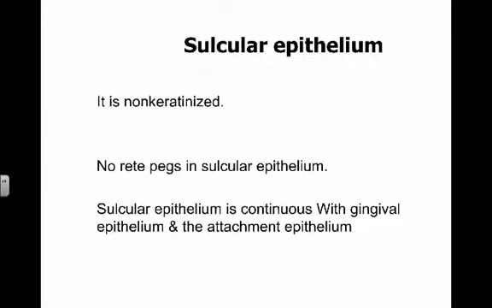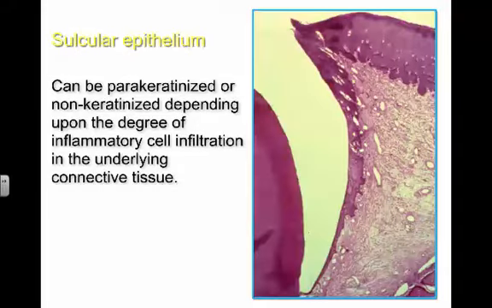Again, in sulcular epithelium, there are no rete pegs. Sulcular epithelium is continuous, as we've said before. As I mentioned, it can be parakeratinized or non-keratinized, and what determines that is the degree of infection the patient has.